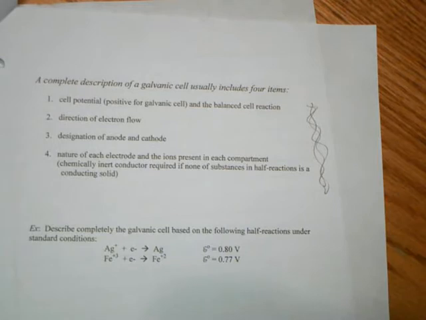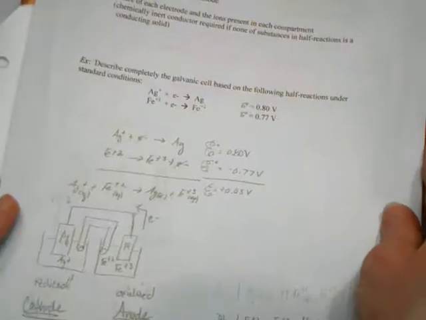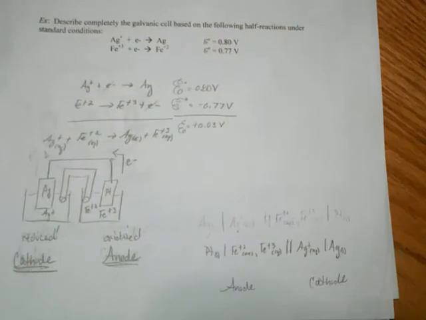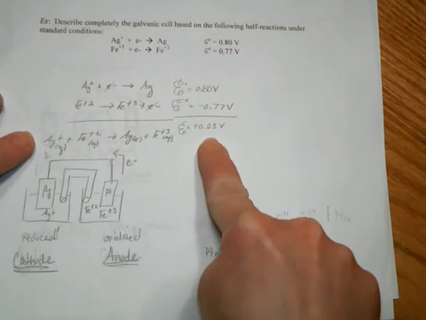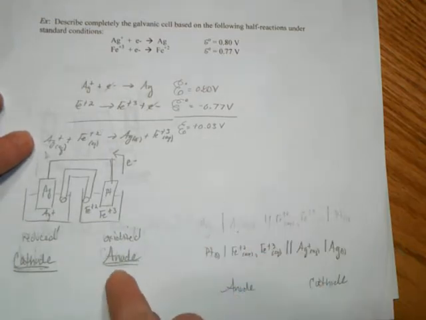So to just show my work, and you can of course pause to get a closer look at that. There is the balanced reaction, the EMF of the cell, still positive, so it'll still run.